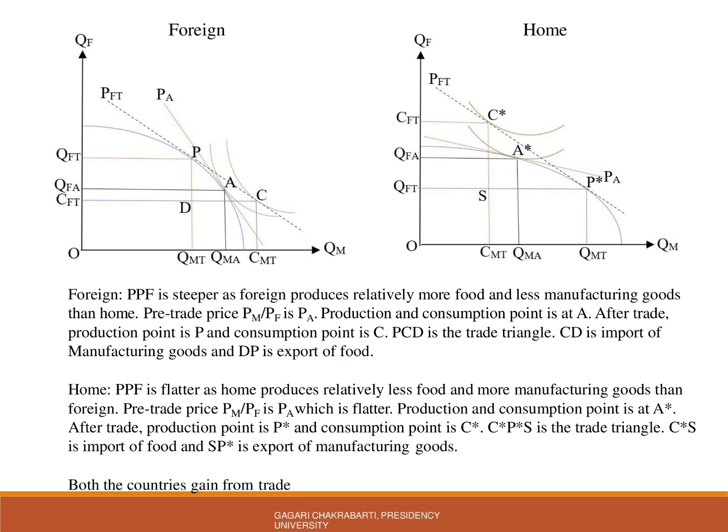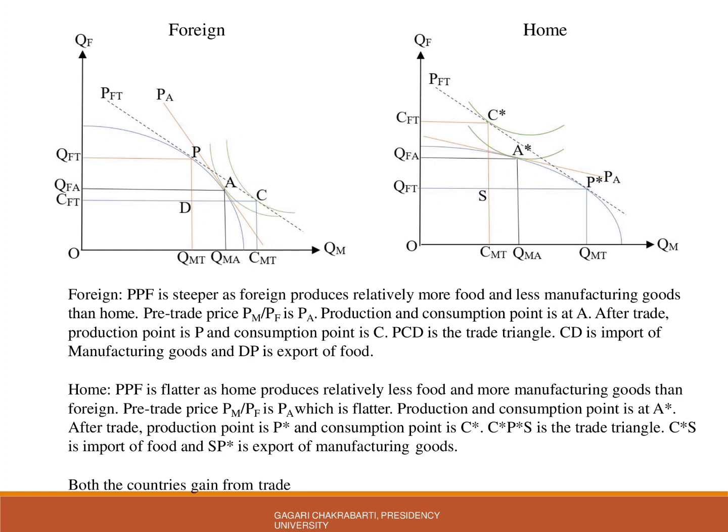Now trade opens up. So PFT is the free trade price ratio, which is the same for both the countries. For the foreign country, after trade, the production point is P and consumption point is C. So PCD is the trade triangle, CD is the import of manufacturing goods, and DP is the export of food.